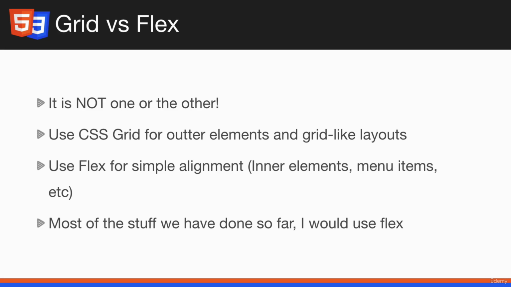I would not use the grid for that. There were a couple cases, like maybe with the hotel site where we had the different boxes, where I may have used the grid. But it's preference. Everyone's different. Some people will use only one or the other, but those people generally don't understand the difference and the use cases. So you'll pick this stuff up as you go along.